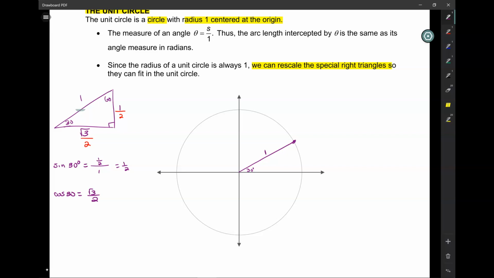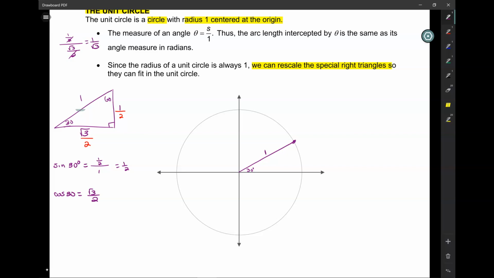For tangent, it was always opposite over adjacent, so 1/2 over root 3 over 2. They both have the same denominator, so it's 1 over root 3, just like it's always been. Nothing changes. It's consistent.